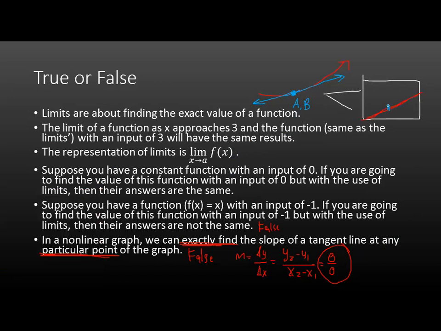It's just that in the outside view, they are at one point, but when we zoom in, they're this close. So yes, we can get the slope of a tangent line, not exactly, but at least by estimate. So to answer that question, it's false.